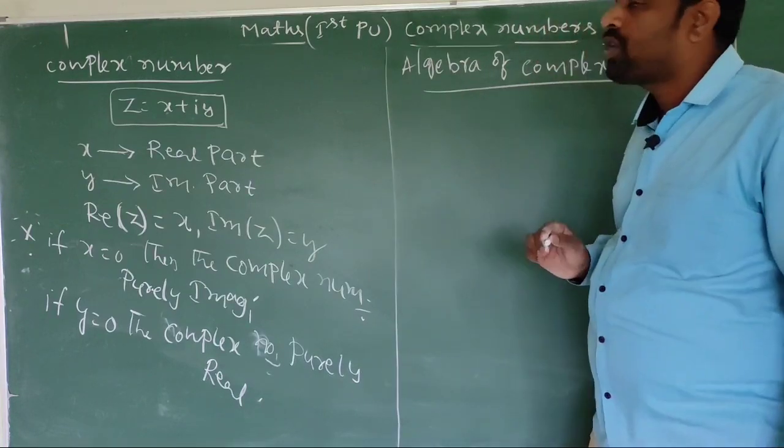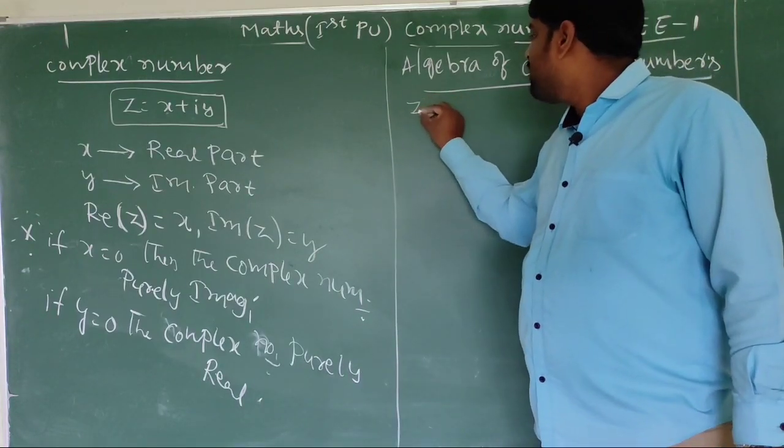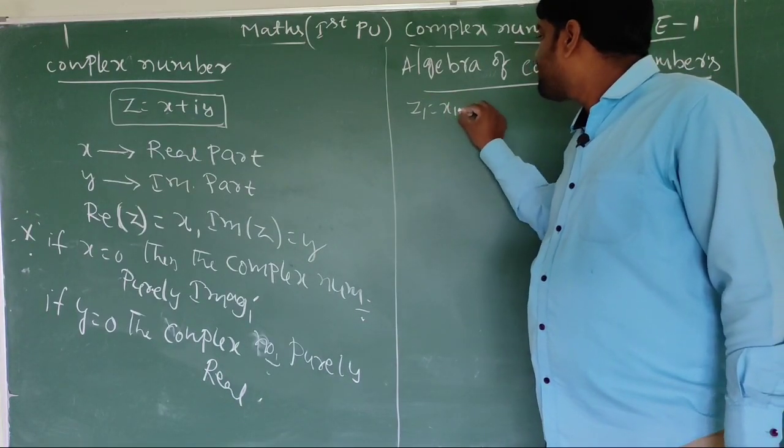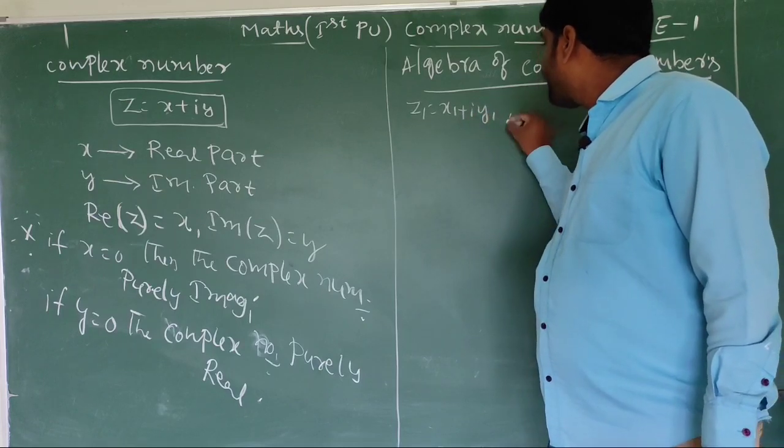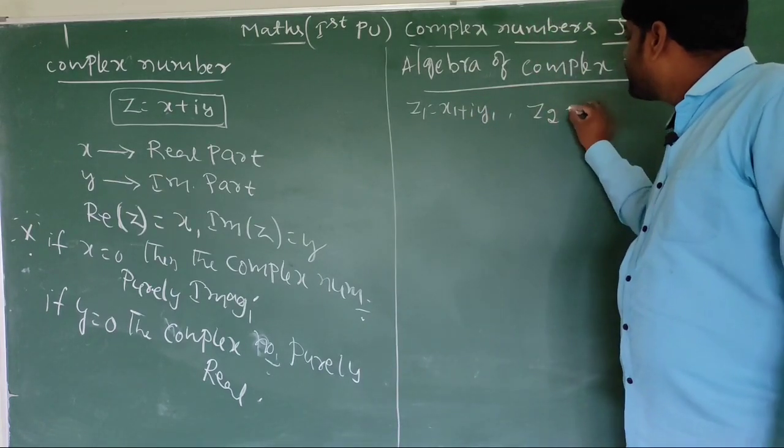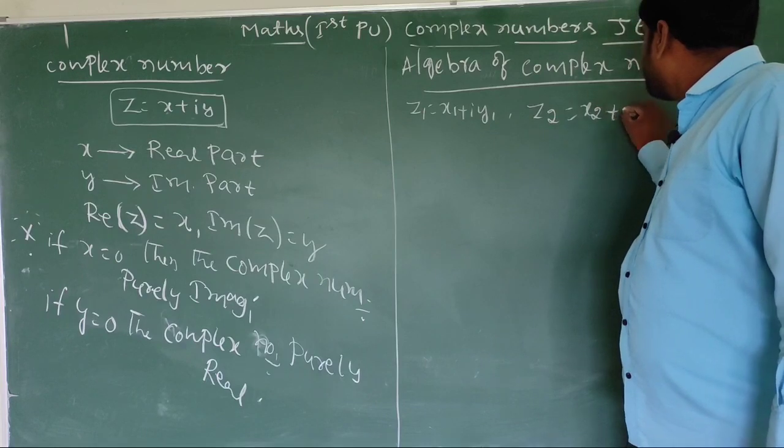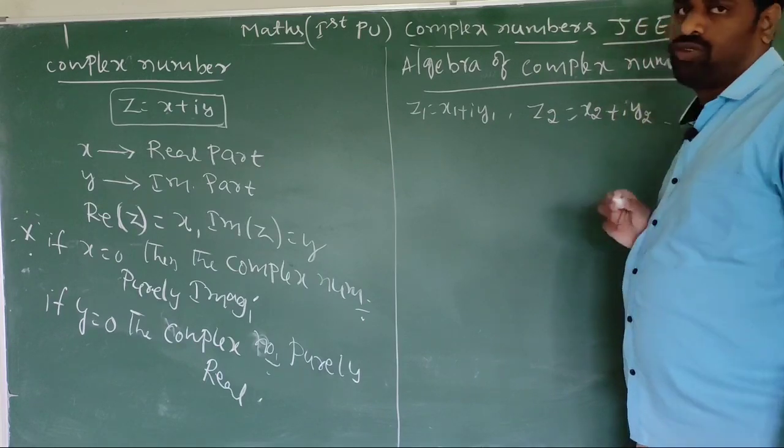Now we will take addition of complex numbers. z1 is equal to x1 plus iy1, z2 is equal to x2 plus iy2.